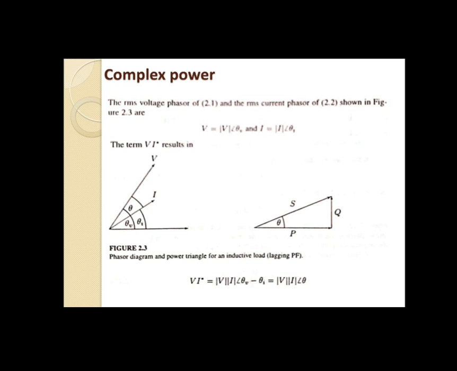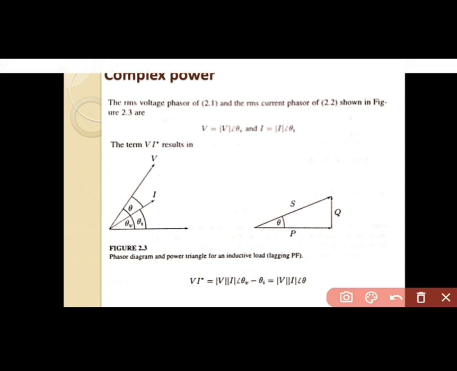Now the next topic is complex power. How can we define complex power? Up to now, in polar form we need the magnitude and the angle for both voltage and current. Voltage is given by V is equal to V at angle theta v, and I is equal to I at angle theta i. This is the equation for voltage and current in polar form.